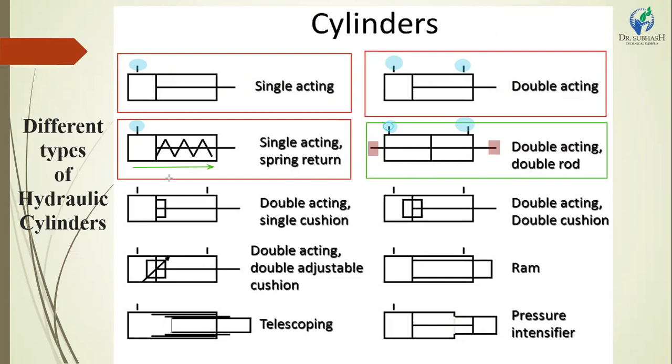Next is a double acting cylinder with cushioning. Here you have to show that one rod is attached, which means the working parameter is only on one side.